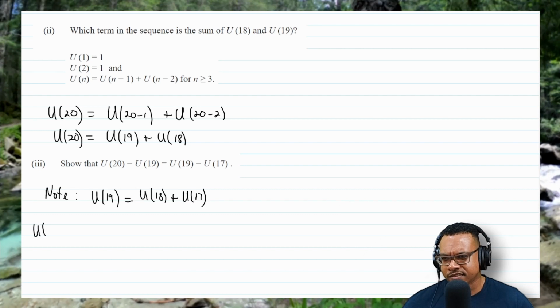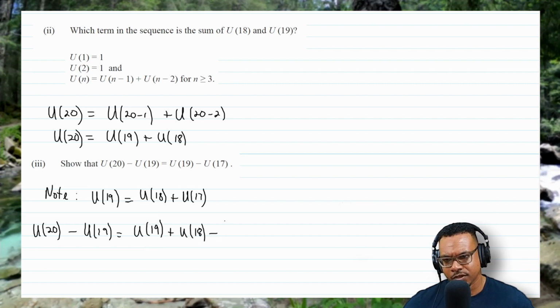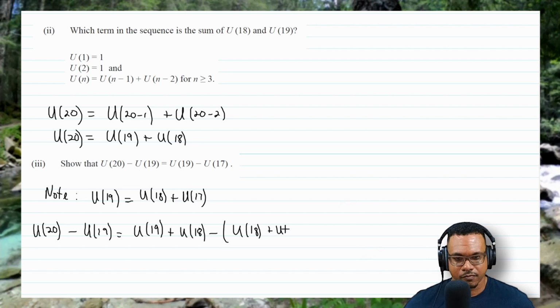So if I were to have my 20th term, take away my 19th term, that would be U20 is U19 plus U18. So U19, which is the 19th term, plus the 18th term, take away, open brackets, the 19th term U19, which would be U18 plus U17. Close brackets.